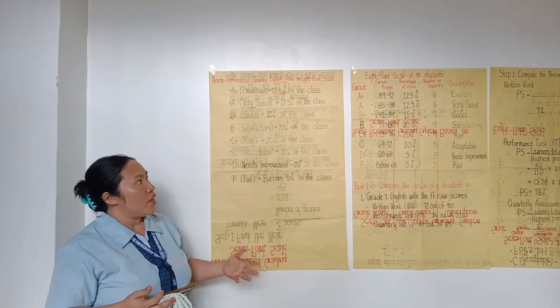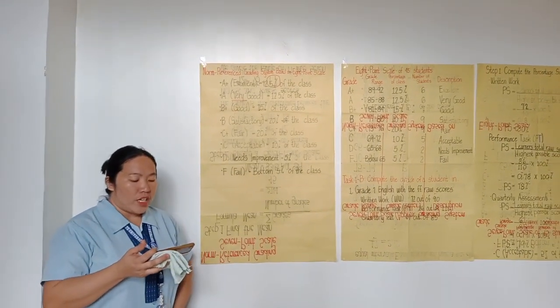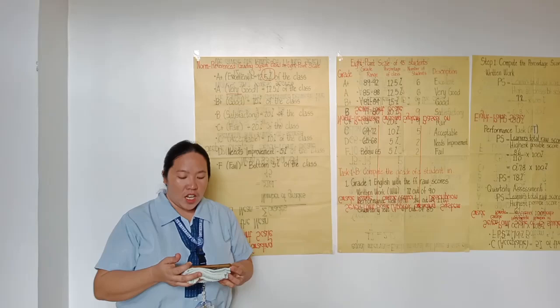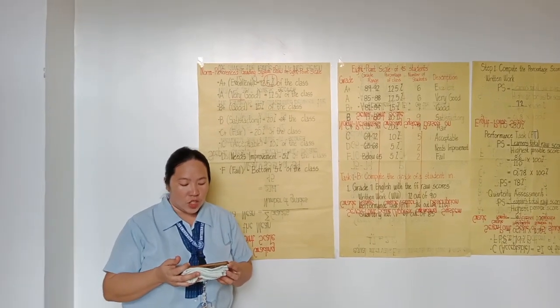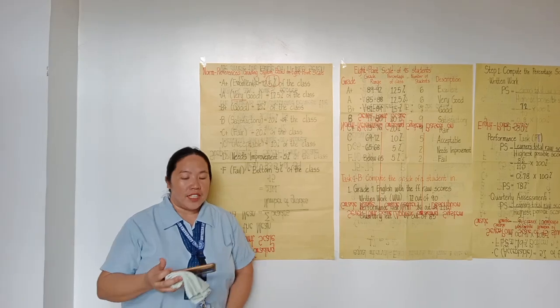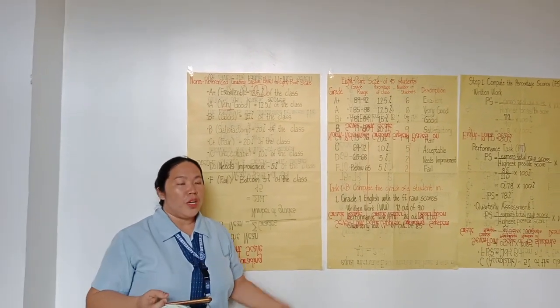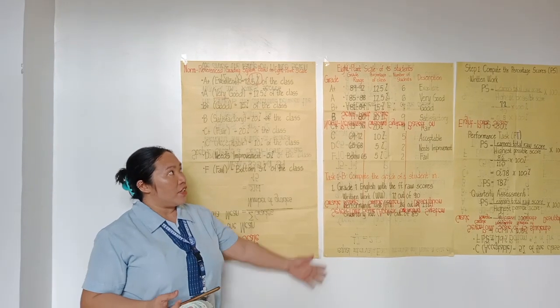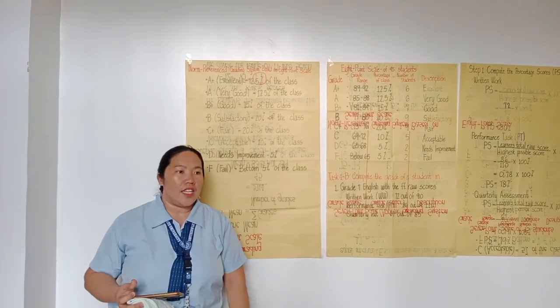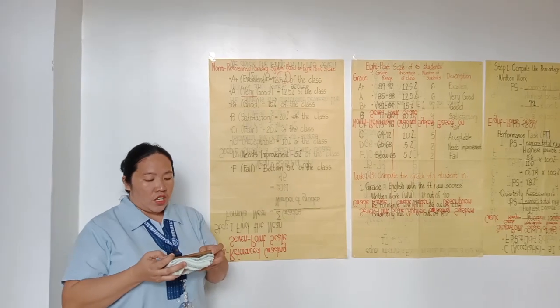Comparison between 7-point scale and 8-point scale. The 7-point scale and 8-point scale both divide the class into performance categories, but they differ in several key aspects. First is the number of categories. The 7-point scale has 7 categories, while the 8-point scale has 8 categories. Second, the range of scores.